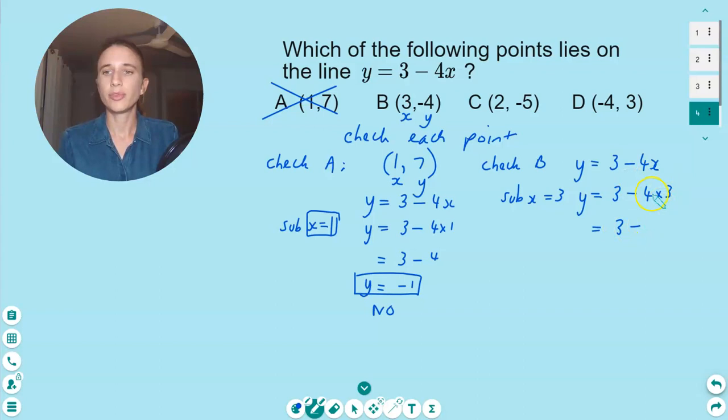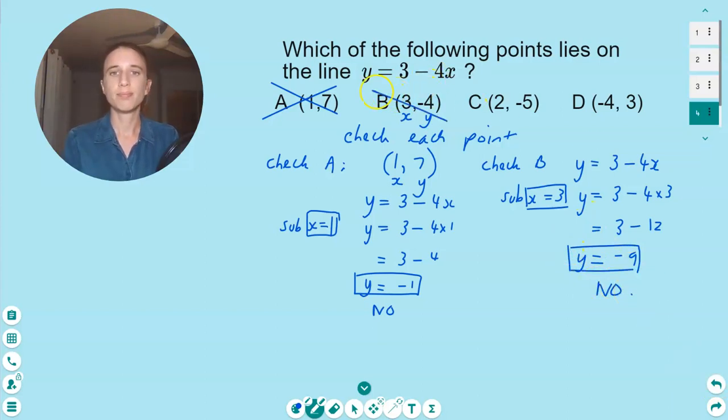Simplify a bit. 4 times 3 is 12. 3, take 12. I'm pretty sure it's -9, but my mind's gone away. Yep, it is -9. So I subbed in this. Do I get out my corresponding Y value of -4? No, I do not. I get out -9. So nope. B doesn't lie on the line.